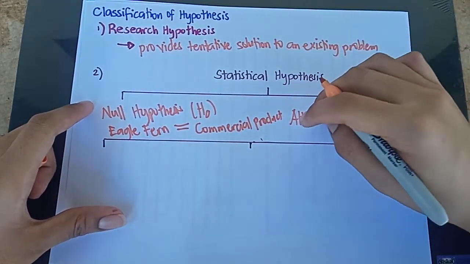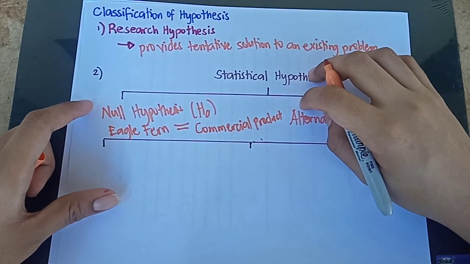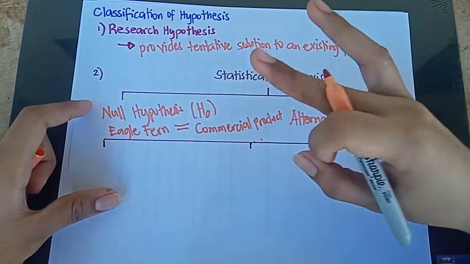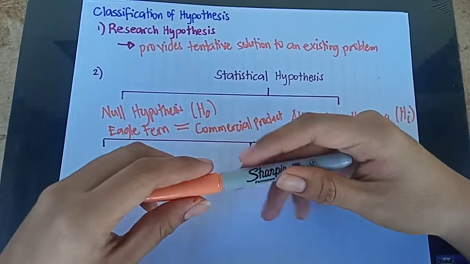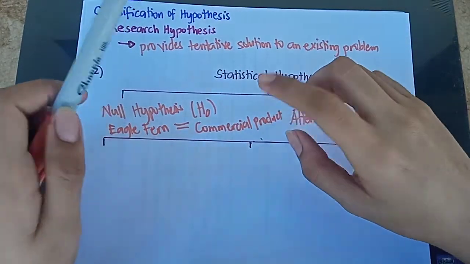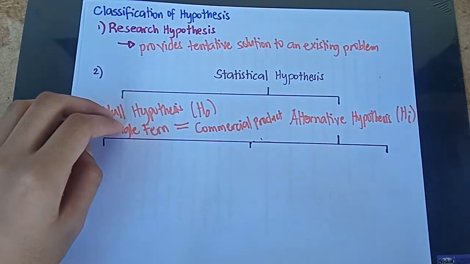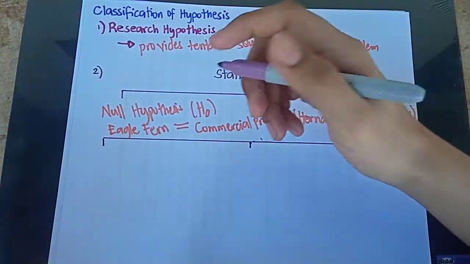That is the main essence of null hypothesis. However, in alternative hypothesis, there are three more classifications. Number one, we have this example.